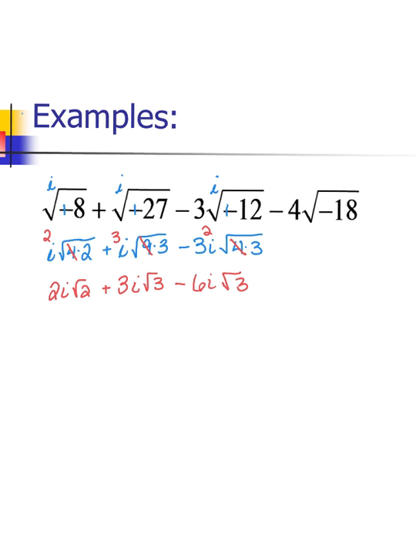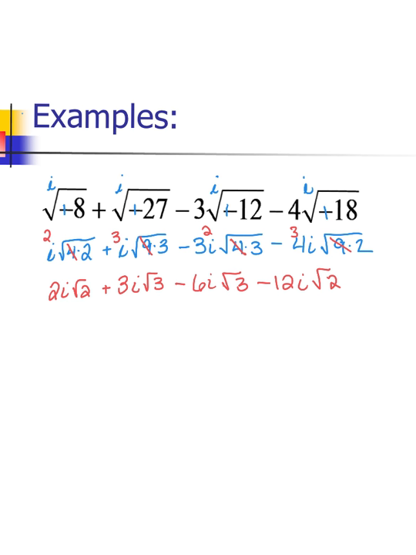If I look at the last one, again, put an i out front. This becomes 4i. Factors of 18. Hopefully you pick 9 times 2, because 9 is the biggest perfect square there. So now this becomes 12i radical 2.